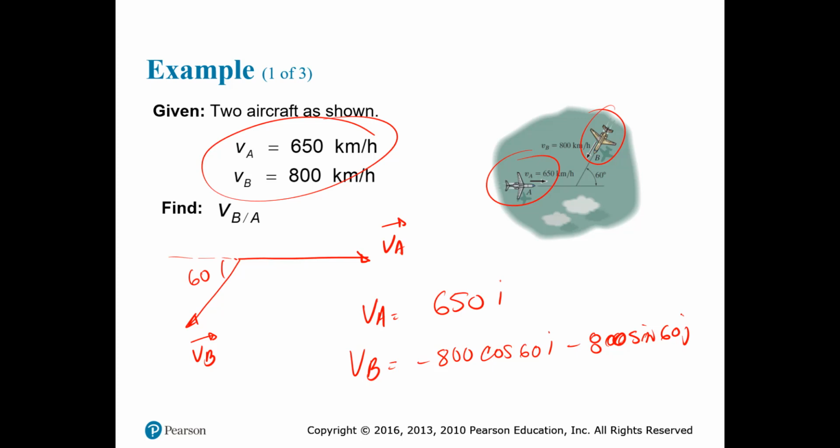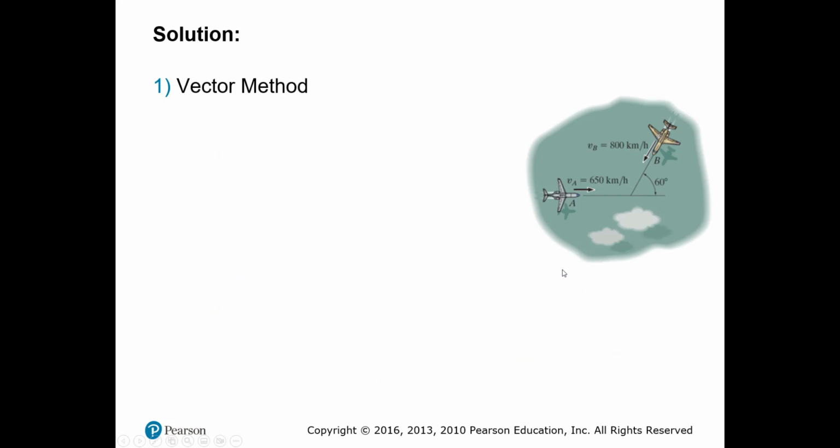If I keep solving this a little bit more, I will get that VB is equal to minus 400 i minus 692.8 j, and don't forget your units, kilometers per hour. And this is kilometers per hour. All right, that's the vector method, the one I was solving.